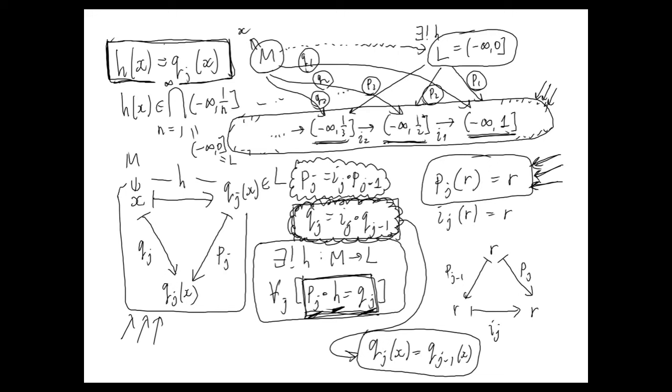Okay, so now I'm going to show you a different example of a limit. And that one will be called a pullback. It will have various interesting examples still in the category of sets. Until we get good at limits, we'll be concentrating on the category of sets.